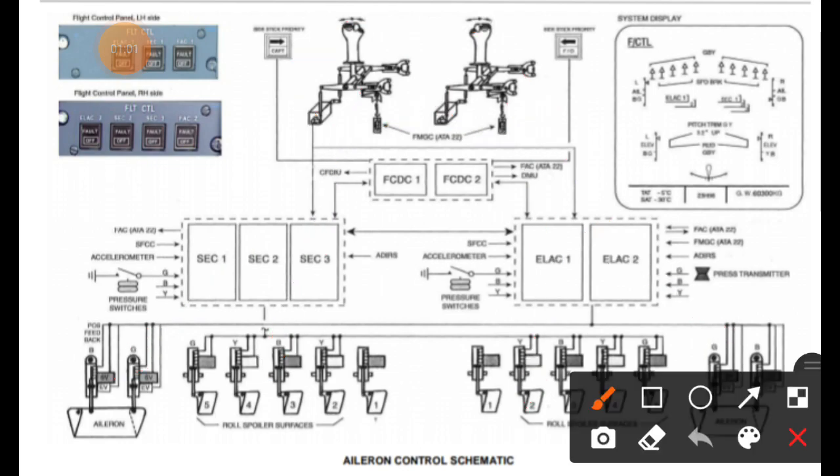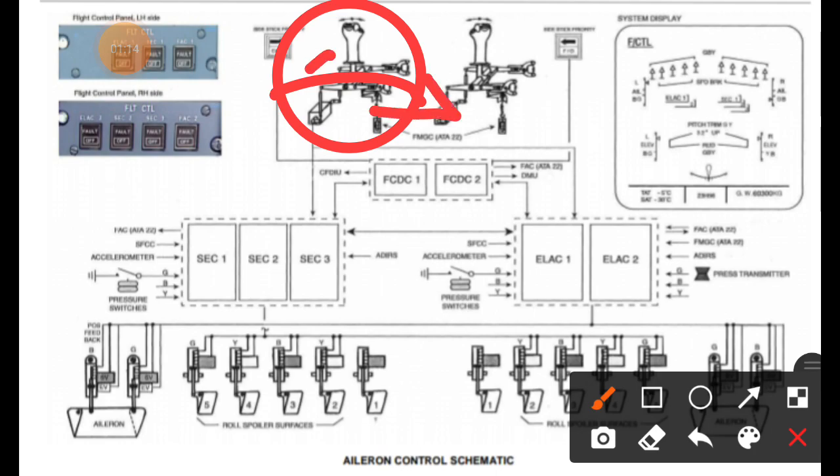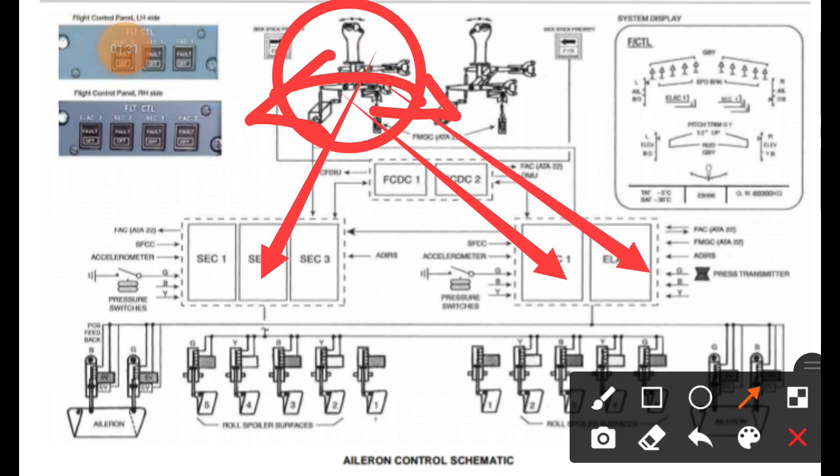Let's suppose we use the side stick, this one. When we rotate this side stick from right to left, it changes the mechanical signal to an electrical signal, and then this electrical signal goes to the ELAC or SEC.